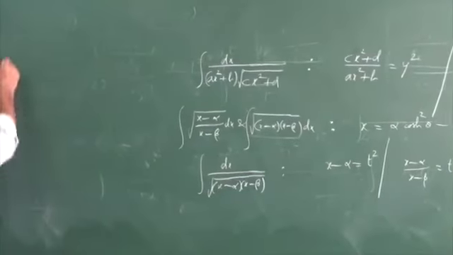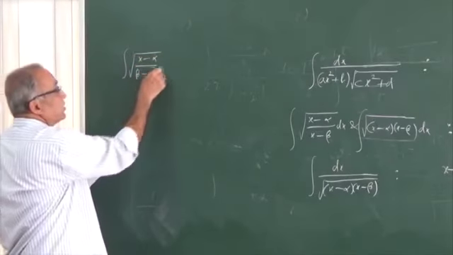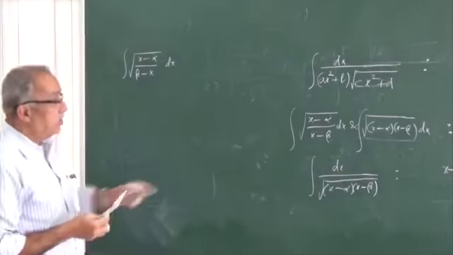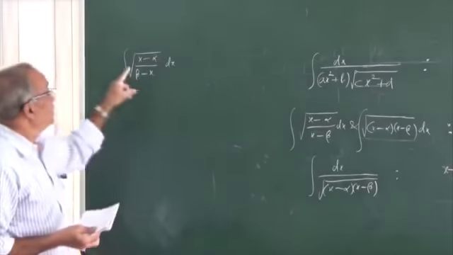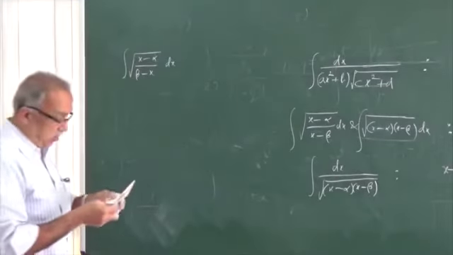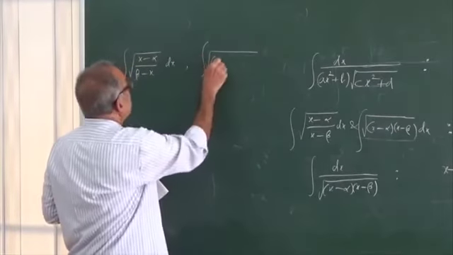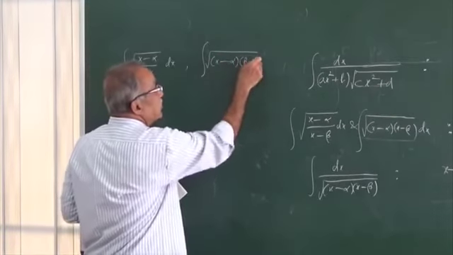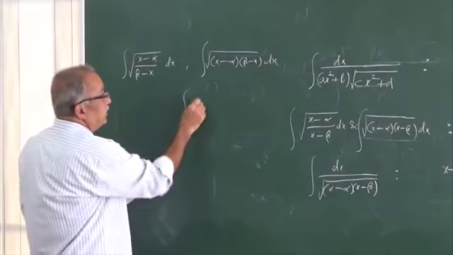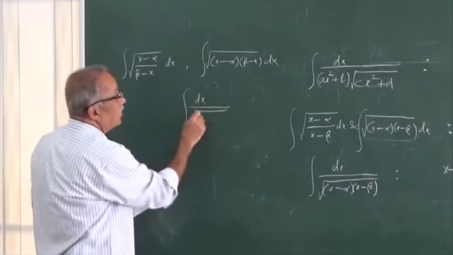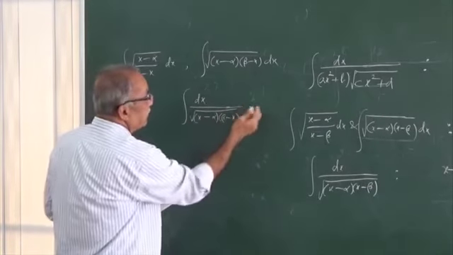Next, root of (x minus alpha) by (beta minus x) is different from this. Here you have x minus alpha, x minus beta. This is x minus alpha, beta minus x. Also covers root of (x minus alpha) into (beta minus x). Also covers integral dx by root of (x minus alpha)(beta minus x) in all the three situations.